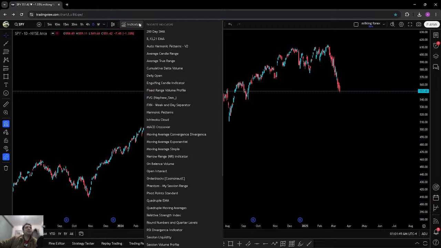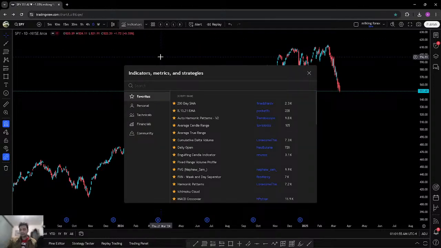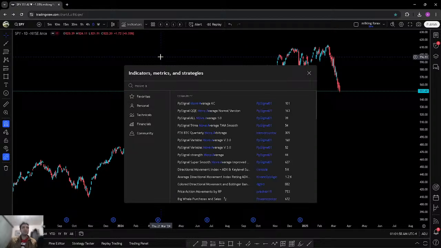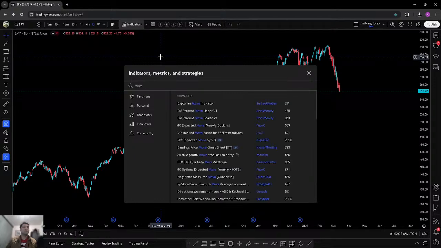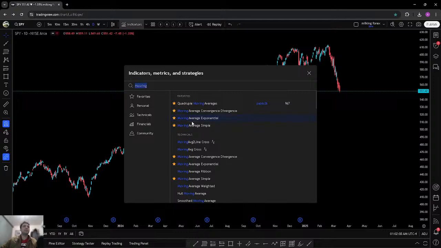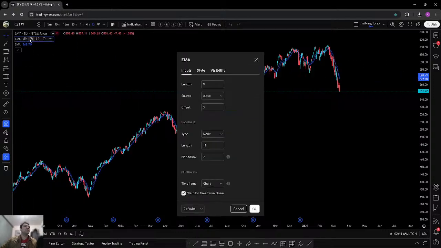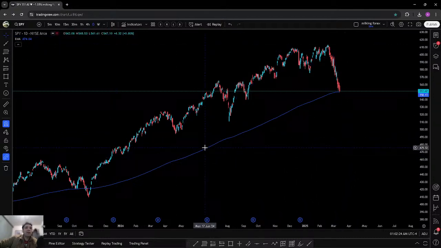And I want to show you this on a moving average, because when we are looking at this type of company data, sometimes I use a moving average in order to understand the bigger picture.